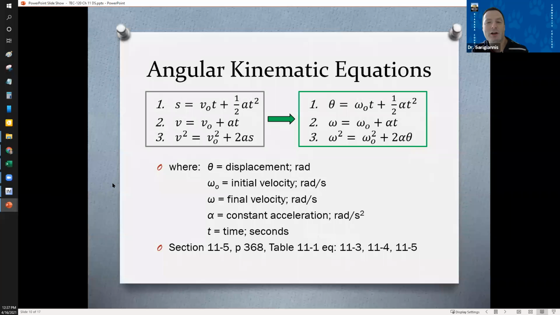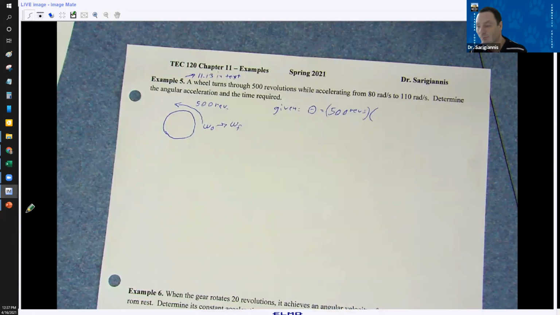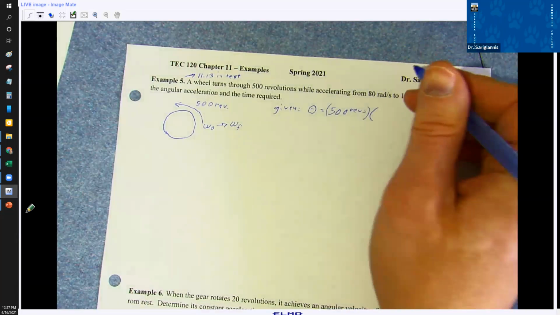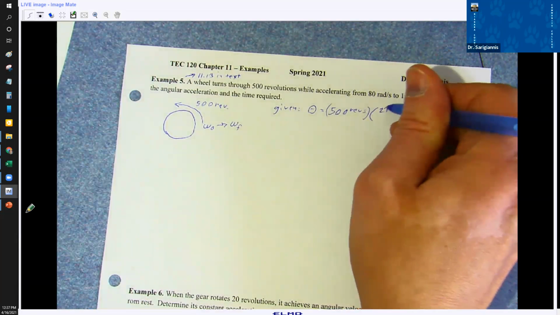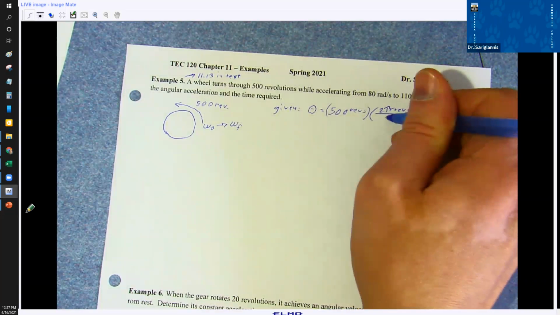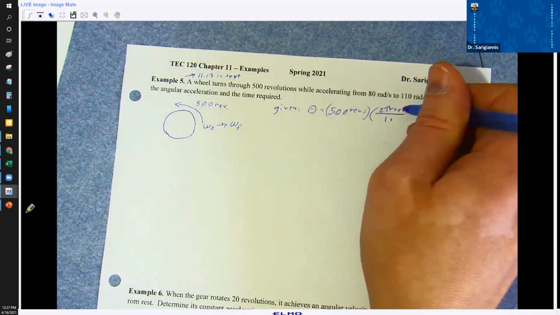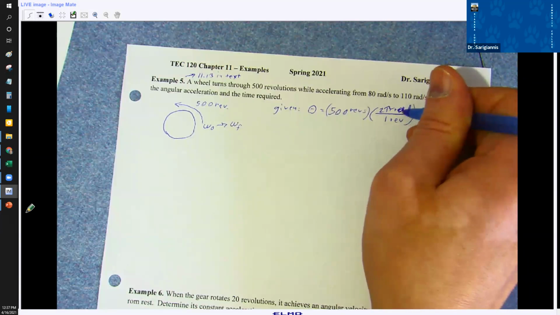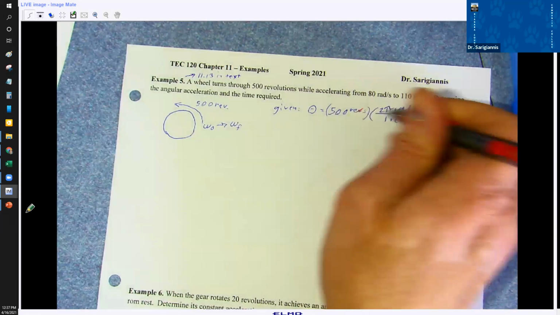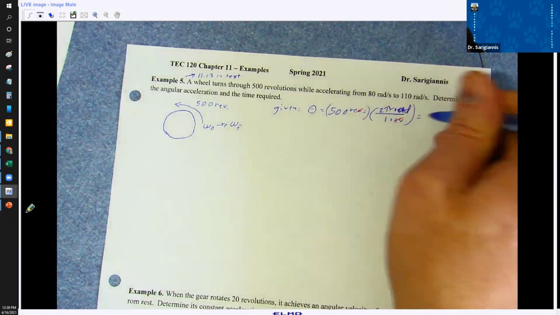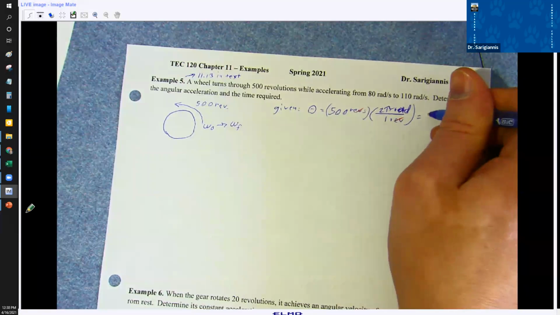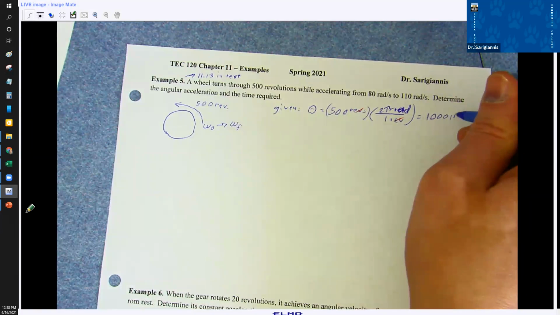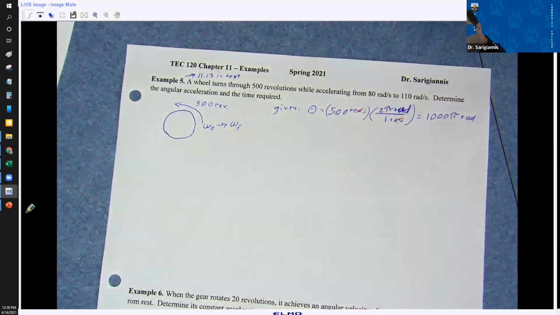So the first thing I can do is use this equation, and I know what my omegas are, those were given. I need my theta, so that's what I'm going to solve for right now. Theta is 500 revolutions times 2 pi radians per rev. I'm going to leave this with pi, just so I don't have to write a bunch of decimals. 1,000 pi radians.